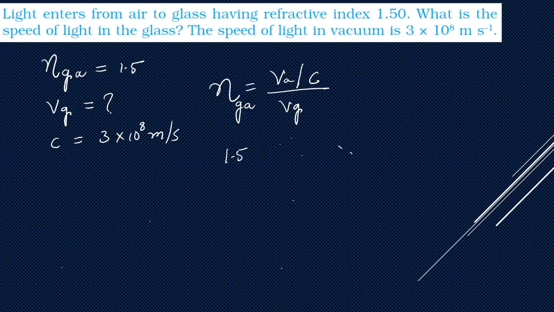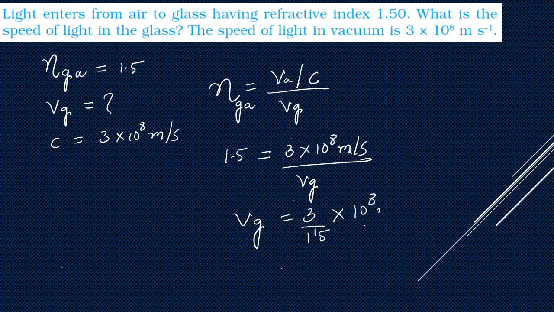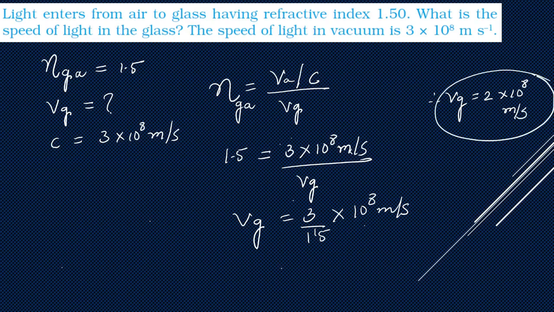So 1.5 equals 3 into 10 to the power 8 meter per second whole upon Vg. So the velocity of light in glass will be 3 divided by 1.5 into 10 to the power 8 meter per second. So velocity in glass is going to be 2 into 10 to the power 8 meter per second. That's your answer.